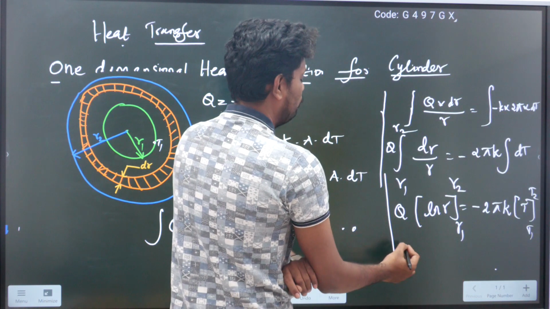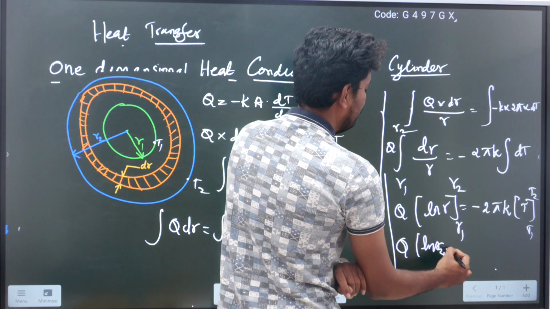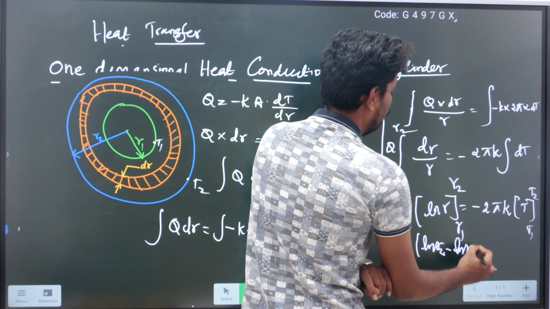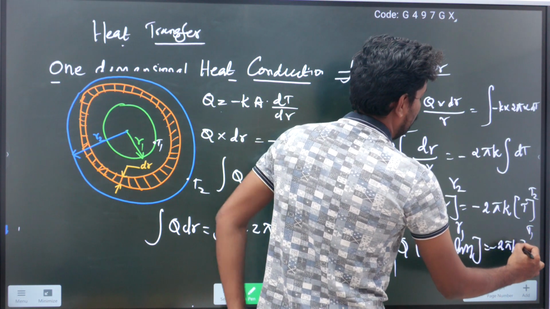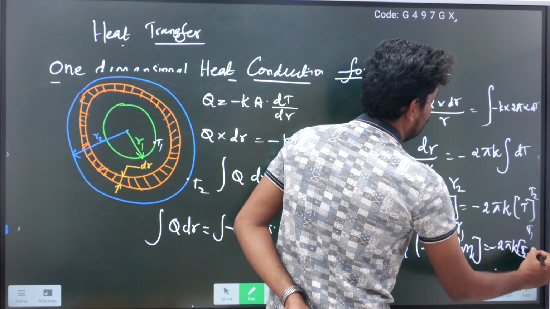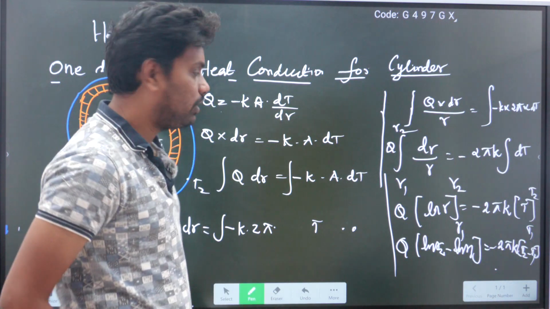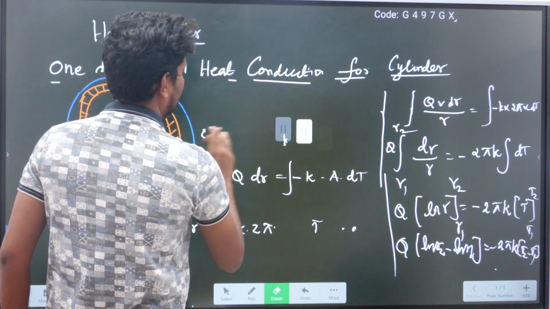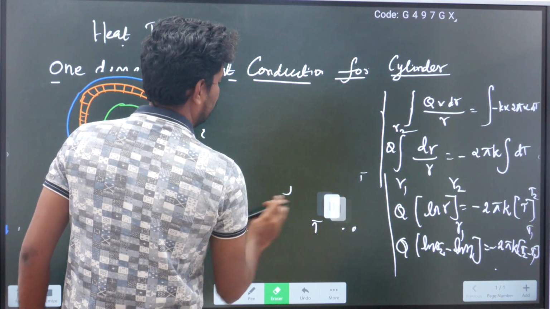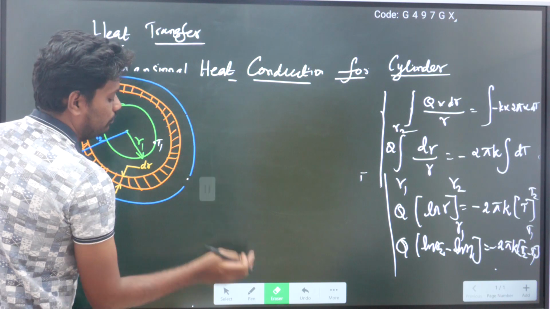Now just substitute: Q into ln of r2 minus ln of r1 is equal to minus 2 pi K into T2 minus T1. Now I will write this equation again and then simplify further. This is very simple integration only.